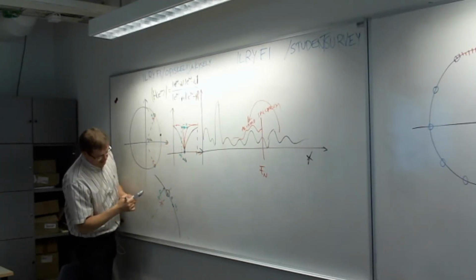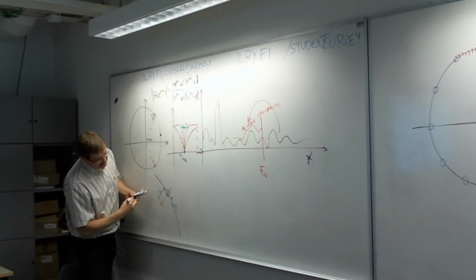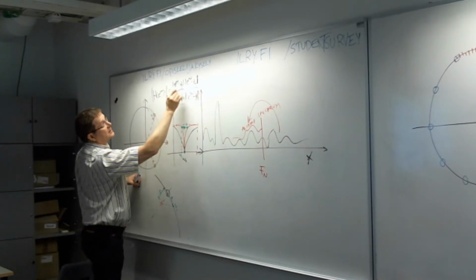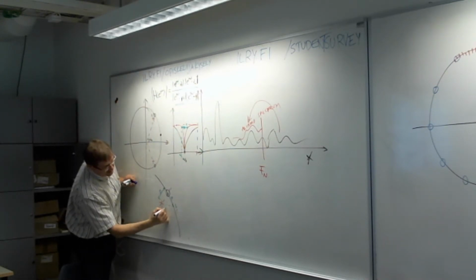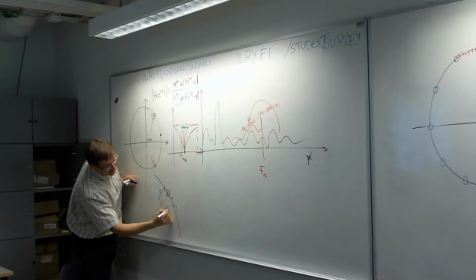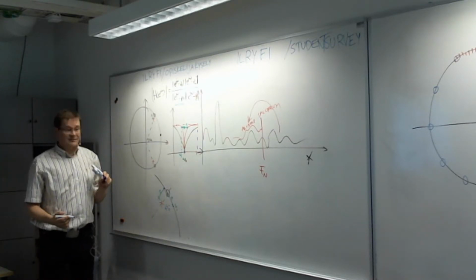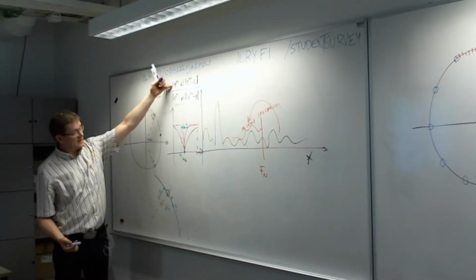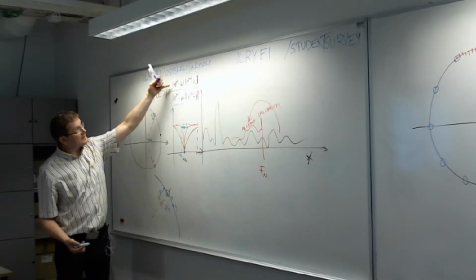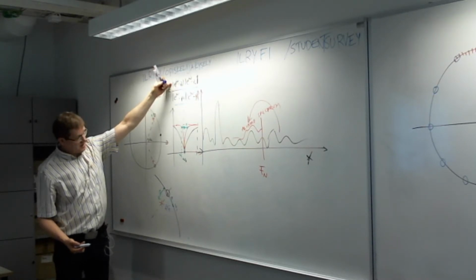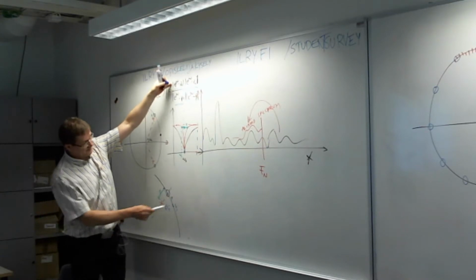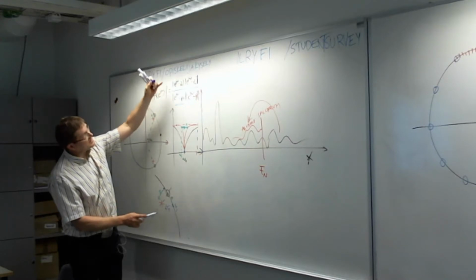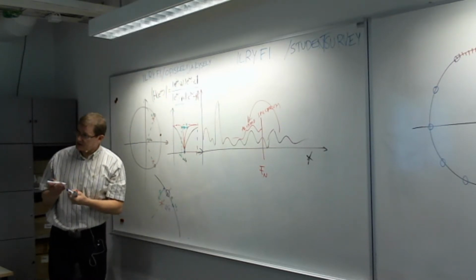That's about the square, and magically this distance is about square root of 2 times A. So in here we have that distance is about A, and this distance is square root 2 times A, meaning it's 1 over square root of 2, which is minus 3 dB.